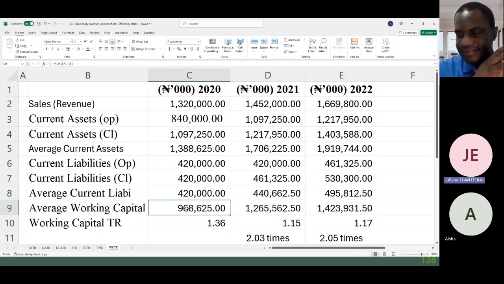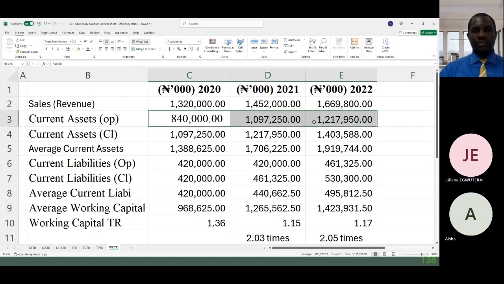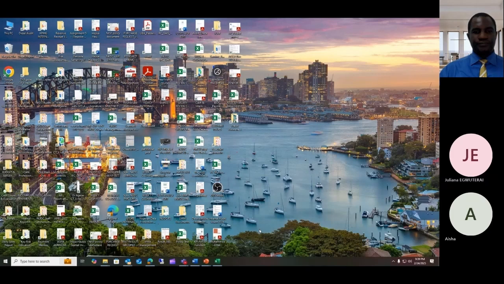No, Ola. I've not. The current asset I have is, let me see. Yeah, so let's compare the figures.